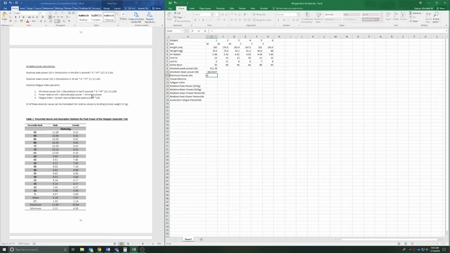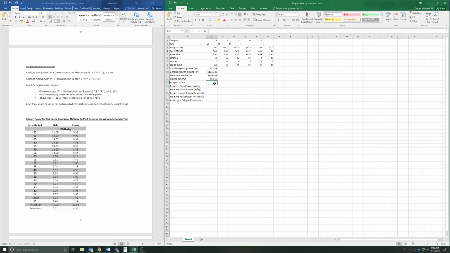For minimum power, we're going to come down here and look at the revolution, the last 5, times 6 times 12 times the Kp added divided by the 6.1183. Our power reserve is going to be our absolute peak power, so this top one, minus the minimum power.